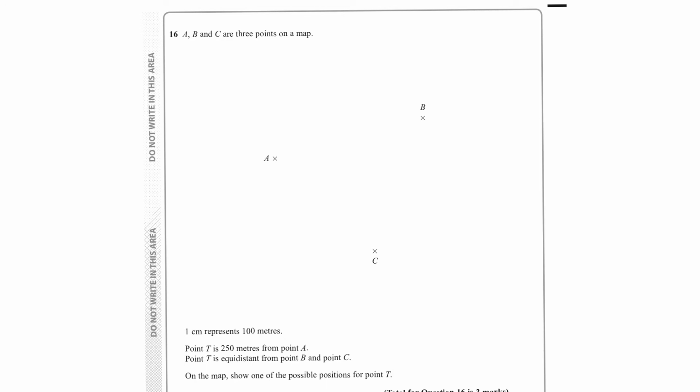So point T to point A is 250 meters. To work out what that would be in centimeters, you would do 250 divided by 100, and if you put that into your calculator, that should give you 2.5. So you know that distance is equal to 2.5 centimeters.